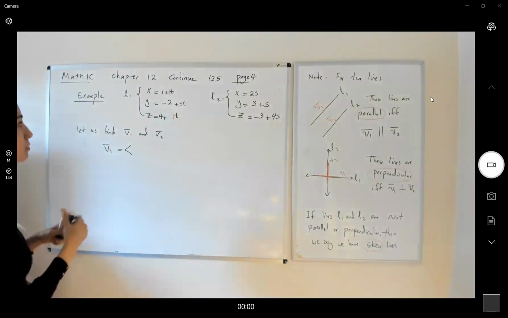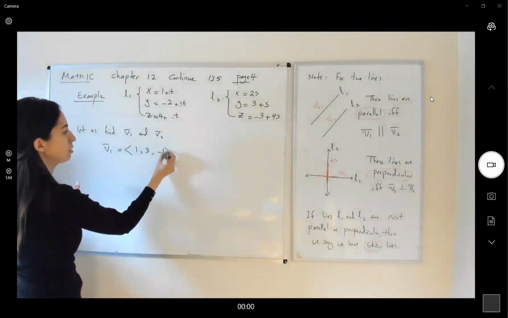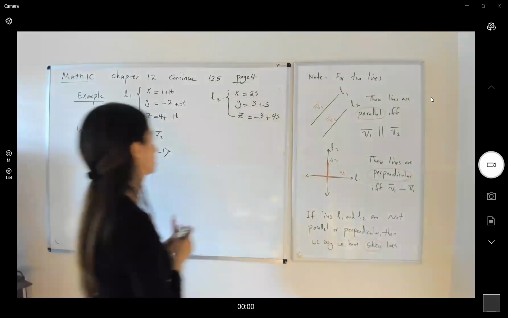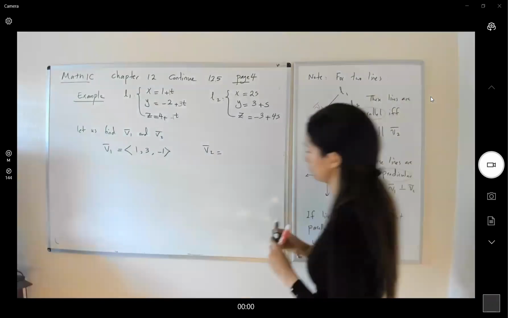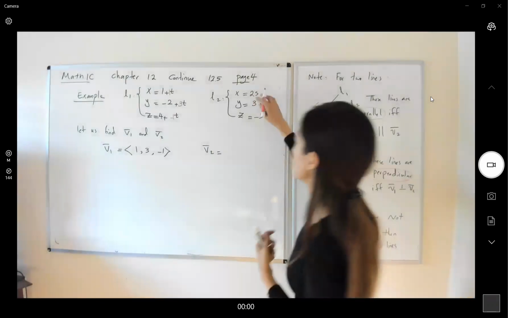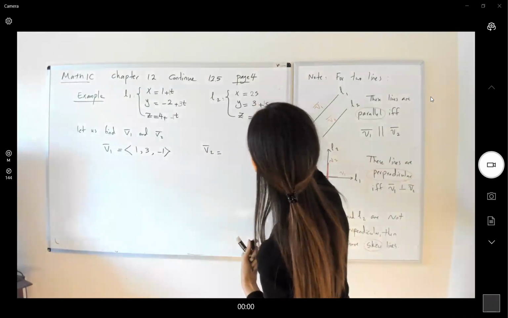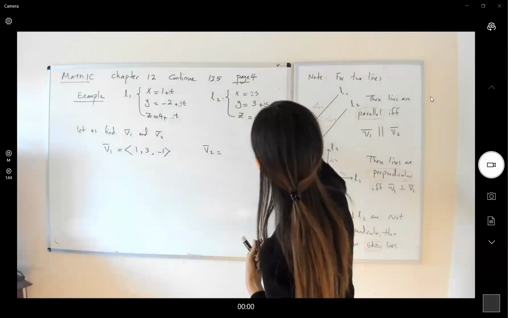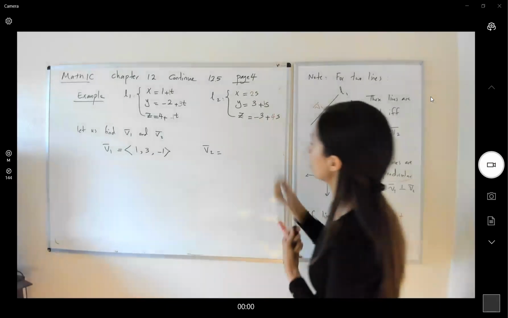So V1 is equal to 1, 3, -1. V2 is equal to all coefficients of your parameter, which in this case is s. So here you have 2 times s, 1 times s, and 4 times s. 2, 1, and 4.